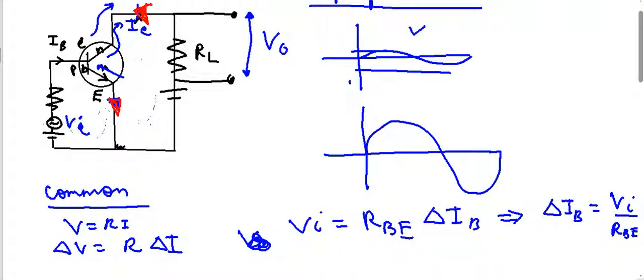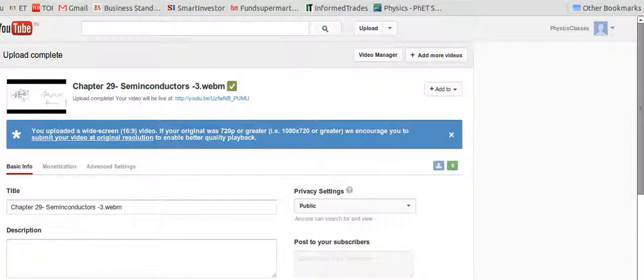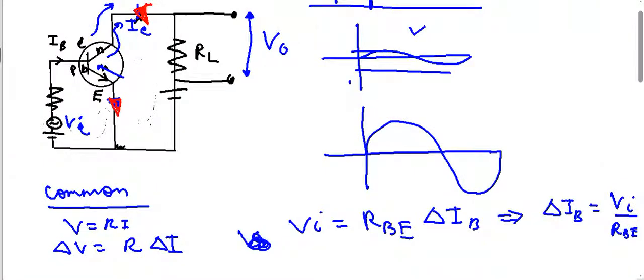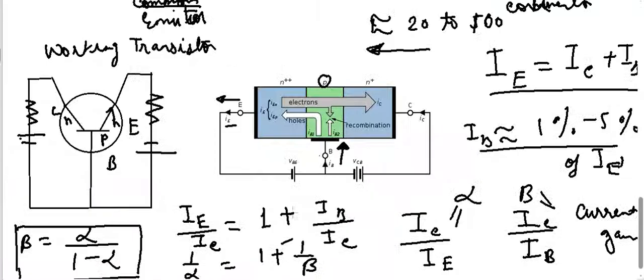Just a few minutes back we had discussed the relationship between the collector current and the base current. It is equal to beta. So IC will be equal to beta into IB, correct?